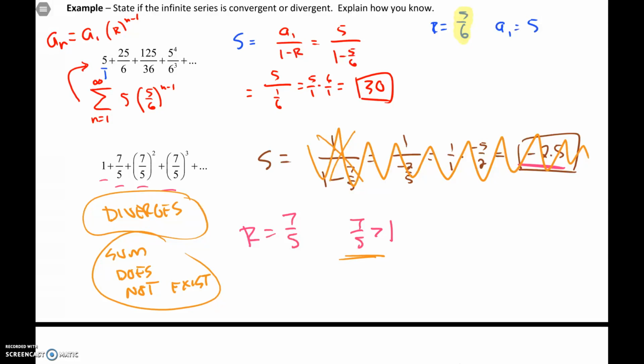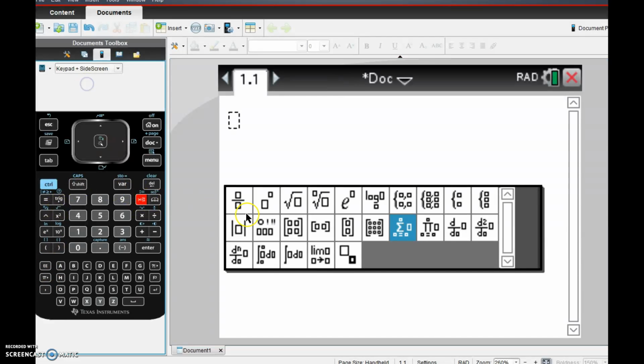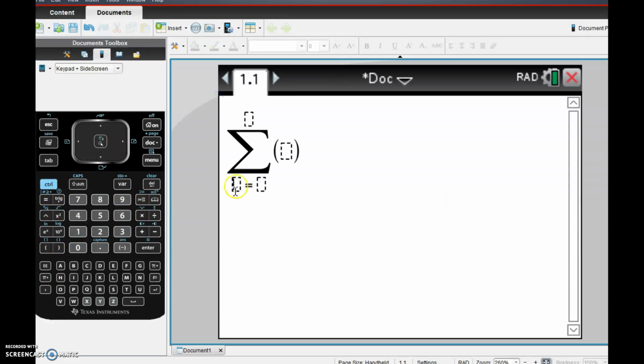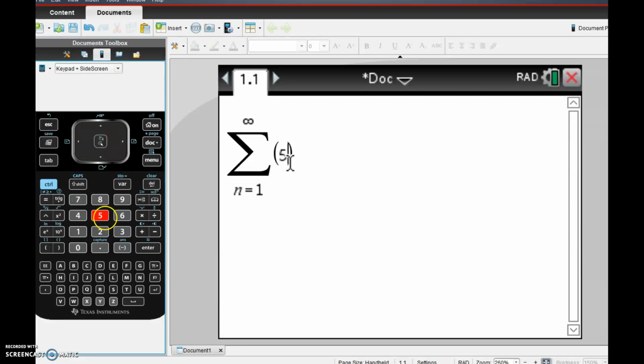So if we type that into our calculator, the sum from n equals 1 to infinity of 5 times 5/6 to the n minus 1 power.